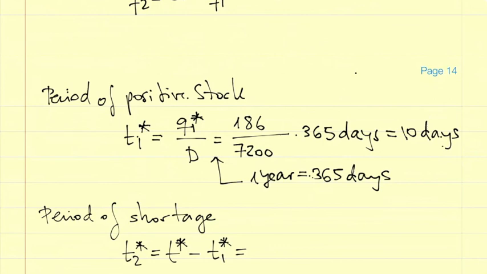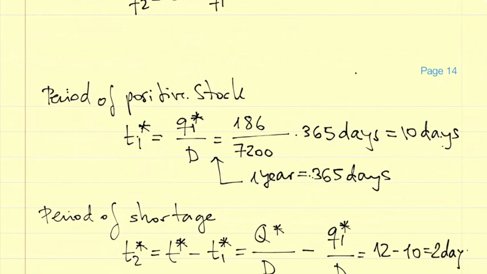The cycle time T star is Q star divided by D, minus T1 star. We have it already, so Q1 star divided by D. This is 12 minus 10 equals 2 days.